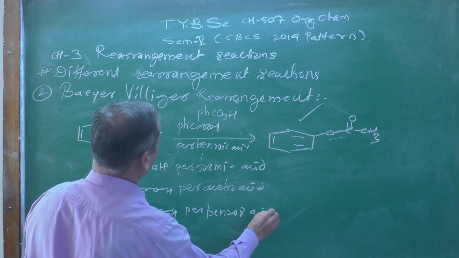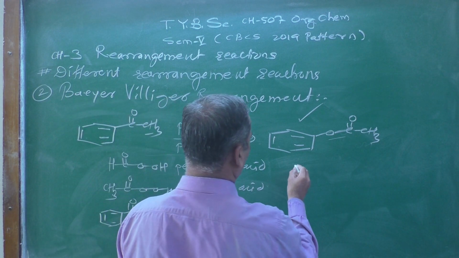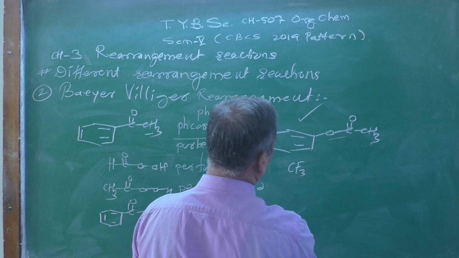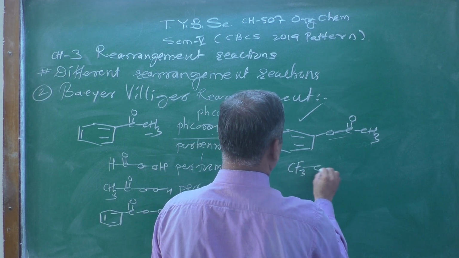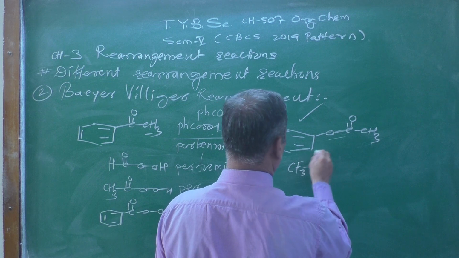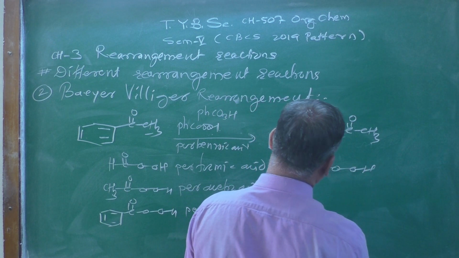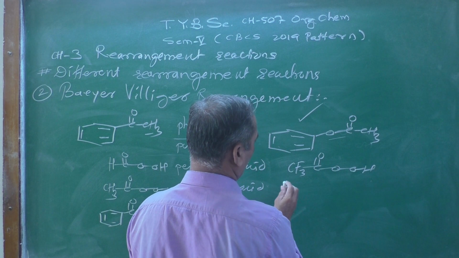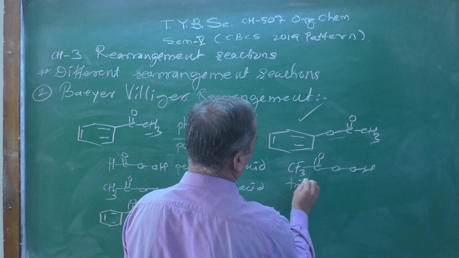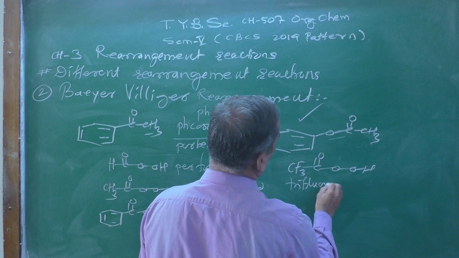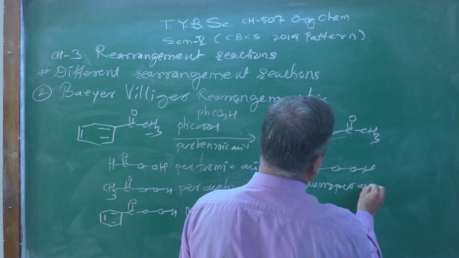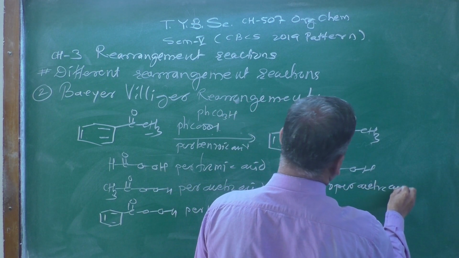If the 3 hydrogen atoms are replaced by fluorine, you get CF3 C double bond O OOH, known as trifluoroperacetic acid.